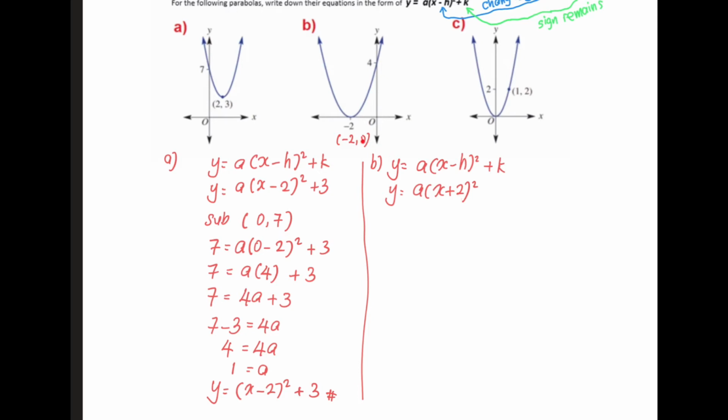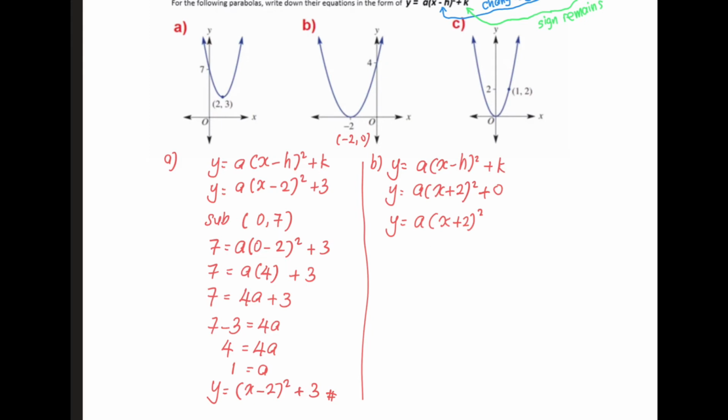And then the y coordinate, which is 0, doesn't change sign, so it will remain as plus 0. But if you put plus 0, the quadratic function looks a bit weird. Plus 0 means nothing, so we end up with this straight away.